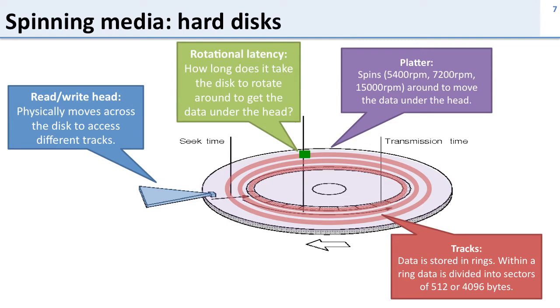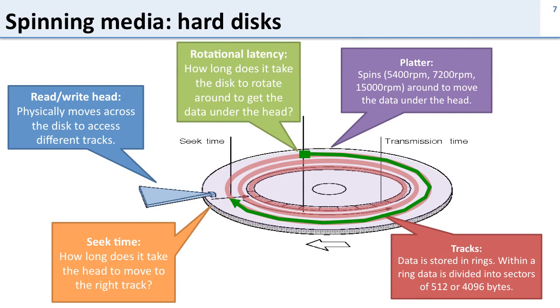So if I have data at this point on the disk, how long is it going to take for the hard disk to rotate around so that that data is under the read and write head? The other is seek time, and seek time is how long it takes the head to move to the right track. So this head is going to have to physically move on the disk in order to access that data. The combination of rotational latency and seek time gives you the average latency for accessing the disk.